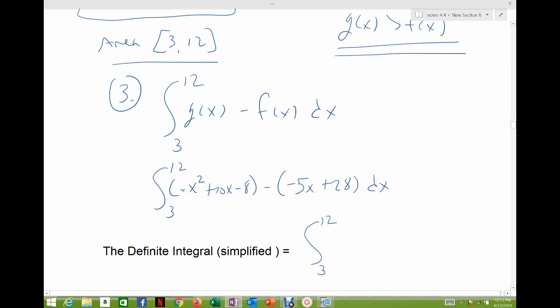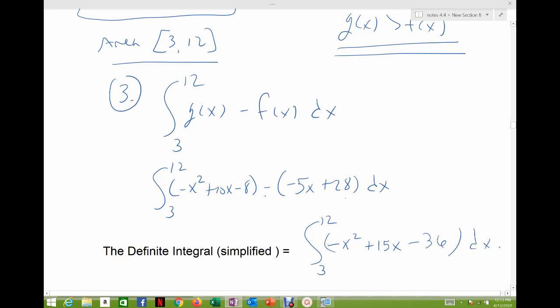Negative x squared, there's nothing to subtract from it, so it's just negative x squared. 10x minus a negative 5x is really 10x plus 5x, so I get 15x. Negative 8 minus 28 is going to come out negative 36.